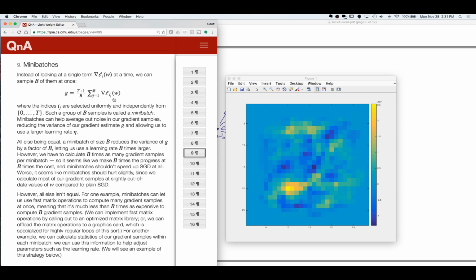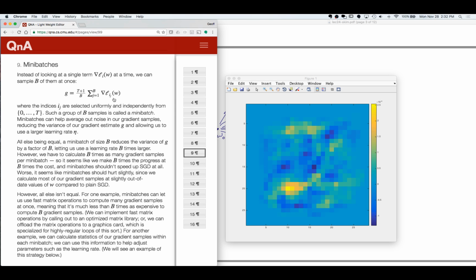But we have to calculate B times as many gradients in order to do a mini batch. So it seems like we're going to make B times the progress, because we use a larger learning rate, at B times the cost, because we're touching more training examples. And so mini batches, naively at least, seem like they shouldn't speed up stochastic gradient at all. They shouldn't hurt it much, but they shouldn't speed it up.